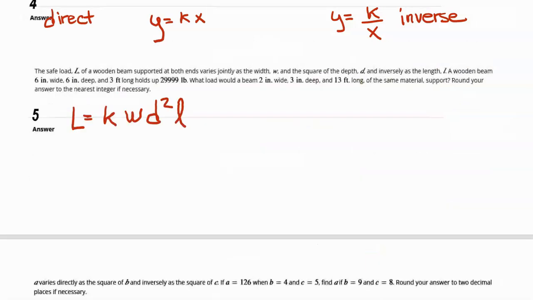Looking at number 5, I should have hidden this, but let's see if you agree.